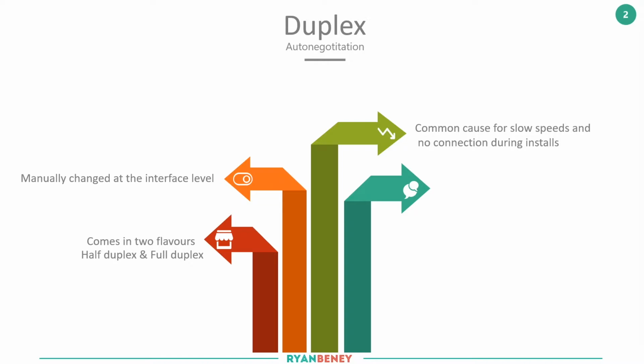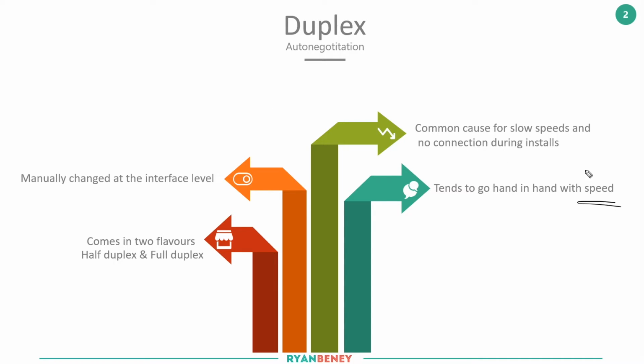So a good thing to keep in mind is if you have a new service that's just been installed and someone's reporting performance issues, i.e. slow speeds, go check the duplex, because if it's on half duplex, that's going to be a key indicator of a slow speed fault.